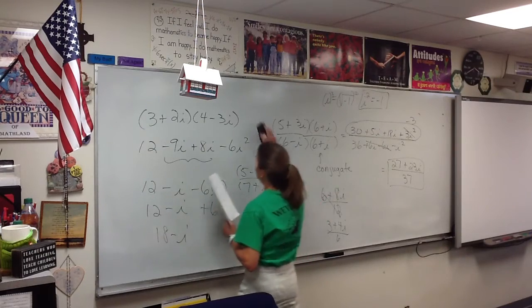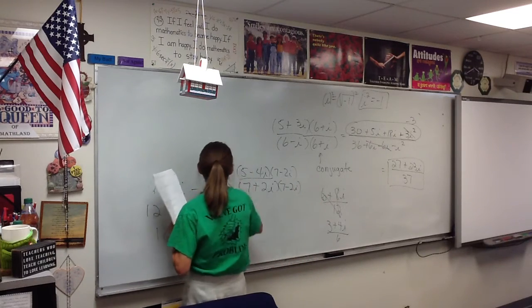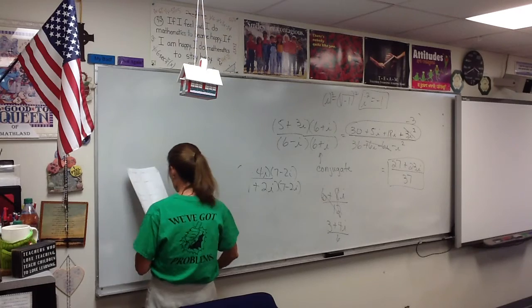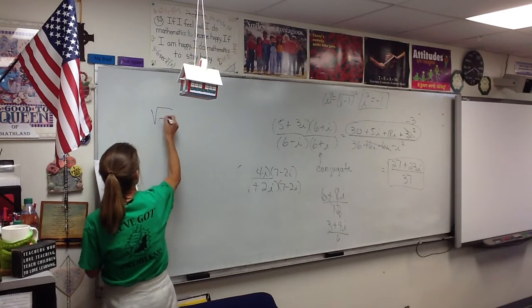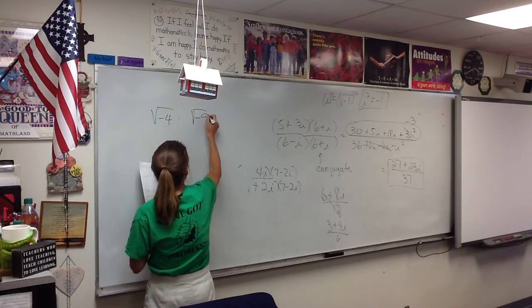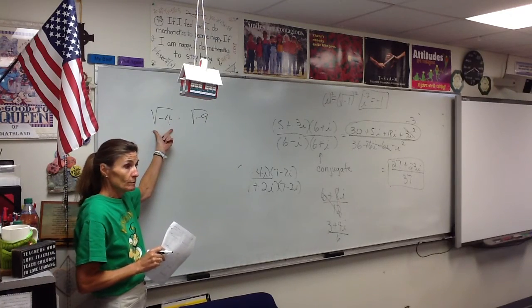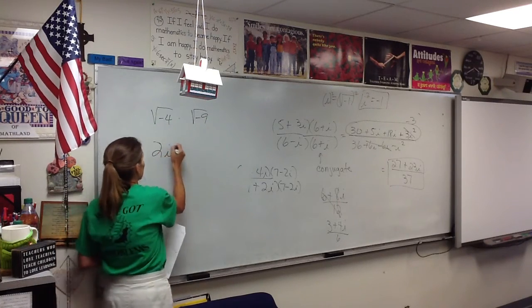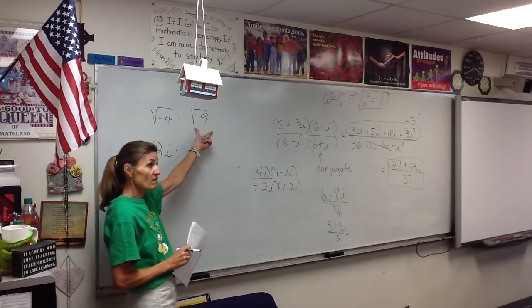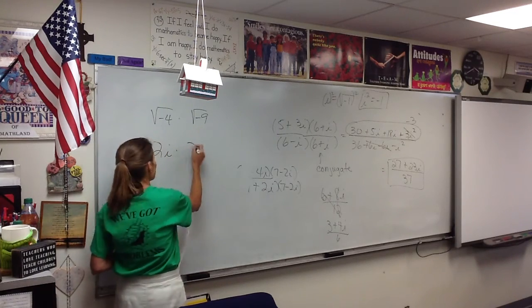All right, F. Is it -6? It is, Moses. Because, what's the square root of -4? 2i. And what's the square root of -9? 3i.